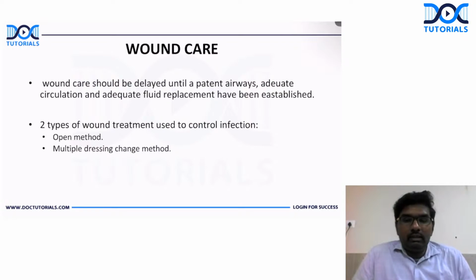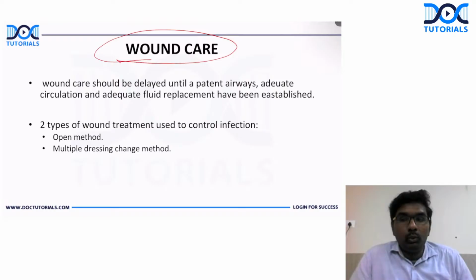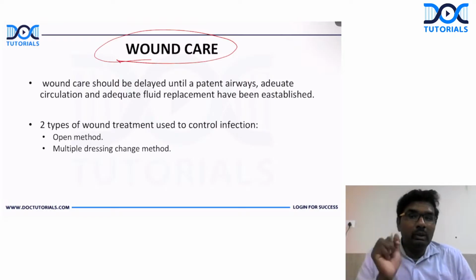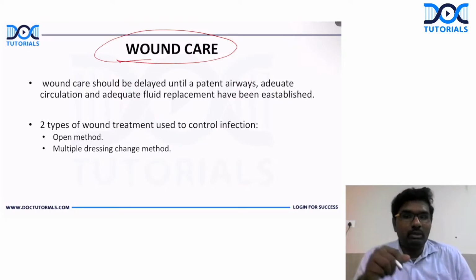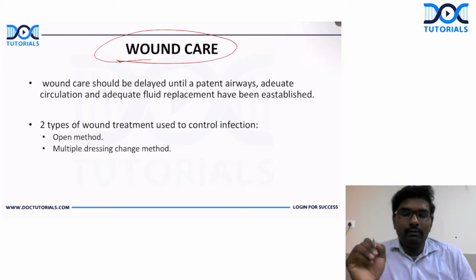Now, the important aspect, wound care. After resuscitating a patient, wound care is more important, or we may lose the patient because of infection and sepsis. If the wound is not cared for properly, even adequate volume resuscitation will not give a fruitful result, because any infection will cause sepsis.